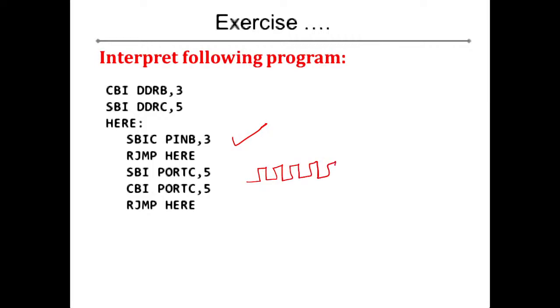So this square wave, if you are applying to some very big siren, then as and when somebody is near to that sensor, the siren will start. So in an agriculture farm you can put it, if somebody is there, automatically it will sound the siren.